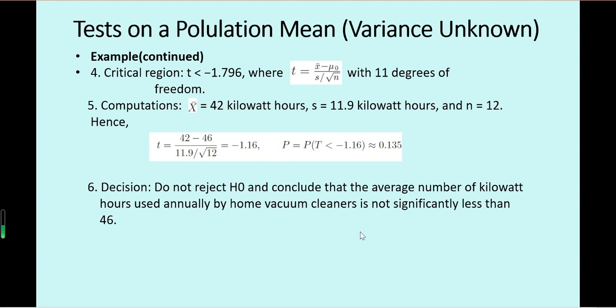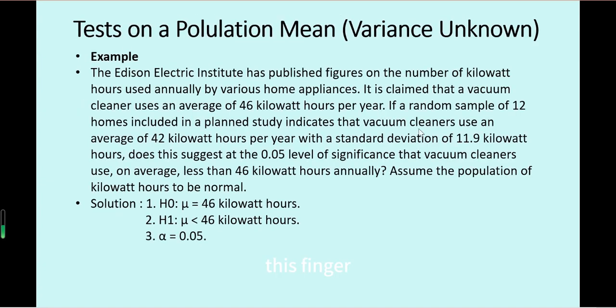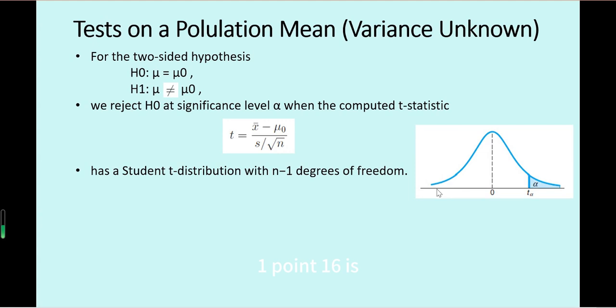And if we look at this figure, minus 1.16 is on the right side of minus 1.796, right? So minus 1.796 here, then minus 1.16 maybe here. So minus 1.16 is not in the critical region, so we do not reject the null hypothesis.